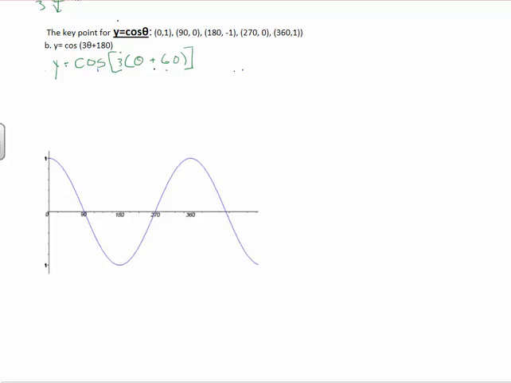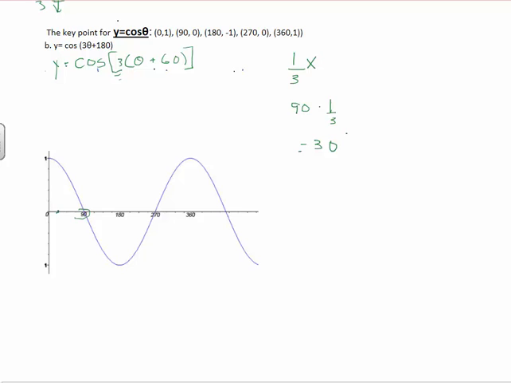Now keep in mind with your k value, you're going to multiply your x values by the reciprocal of that. So your x value of 90, you're going to multiply it by 1 over 3, which now becomes 30 degrees. So your point here that was at the 90 is now going to be at 30 degrees right there.